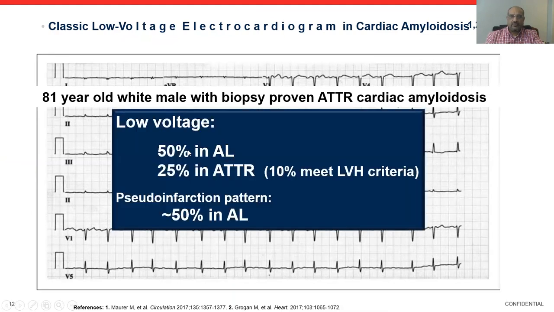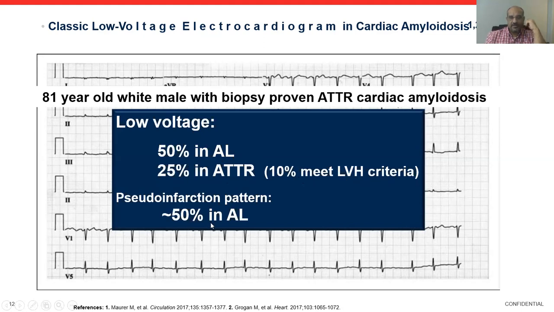Low voltage is present in 50% of AL amyloid and 25% in ATTR amyloid. So it's not very specific in cases of ATTR, but partially specific for AL.